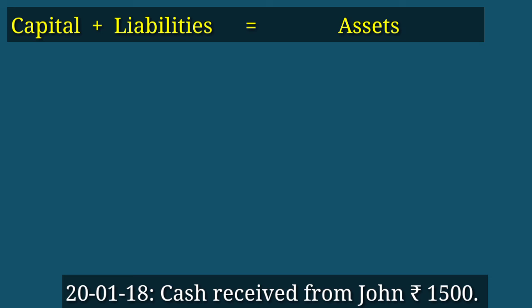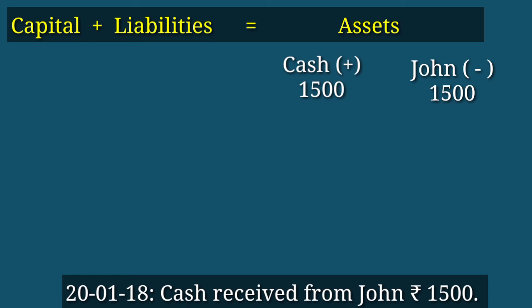So what is happening here? We are receiving the cash. Cash is an asset, so this asset cash is increasing, and debtor John is a debtor. Debtor is also an asset, so this debtor is decreasing. Right? One asset, cash, is increasing and one asset, debtor, is decreasing.